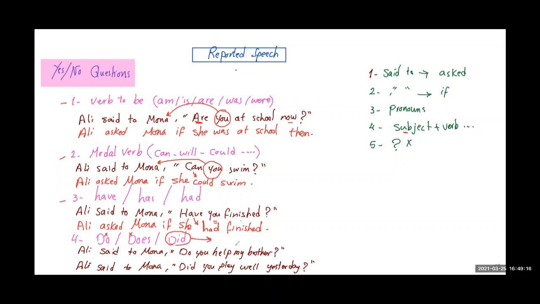So when the question begins with did, I use the past perfect, and when I remove do and does, I use the past simple for the verb in the question.